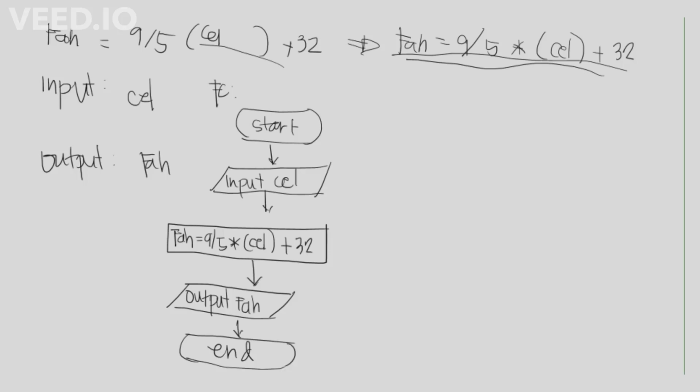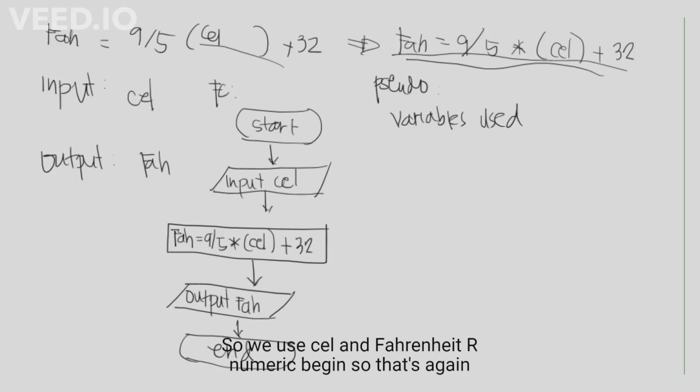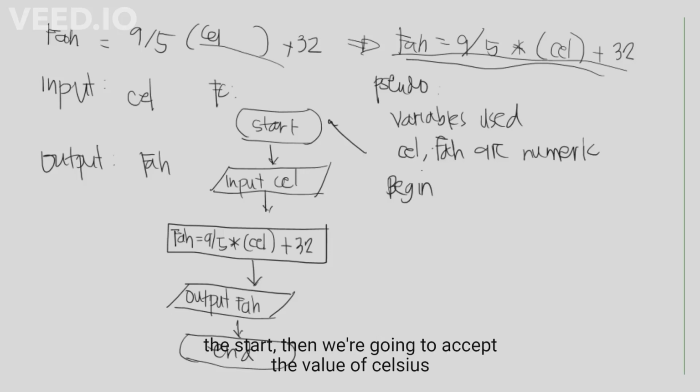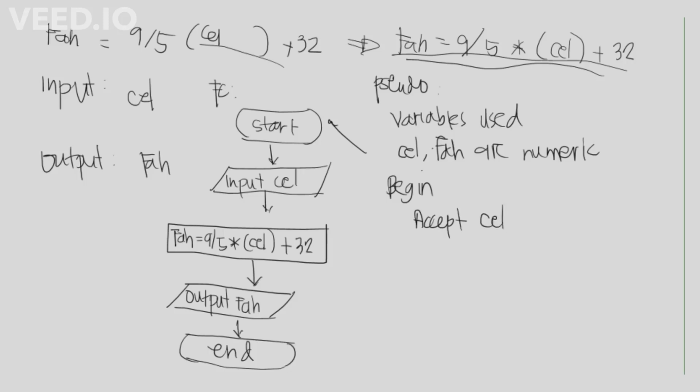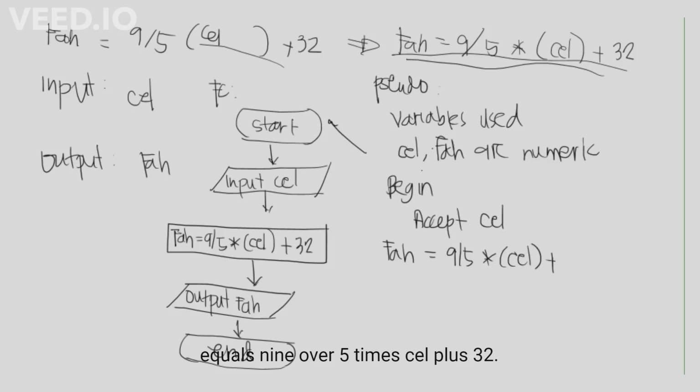For the pseudocode, so again, variables used. So we use Cel and Fahrenheit are numeric. Begin, so that's again the start. Then we're going to accept the value of Celsius, process the Fahrenheit equals 9/5 times Cel plus 32.